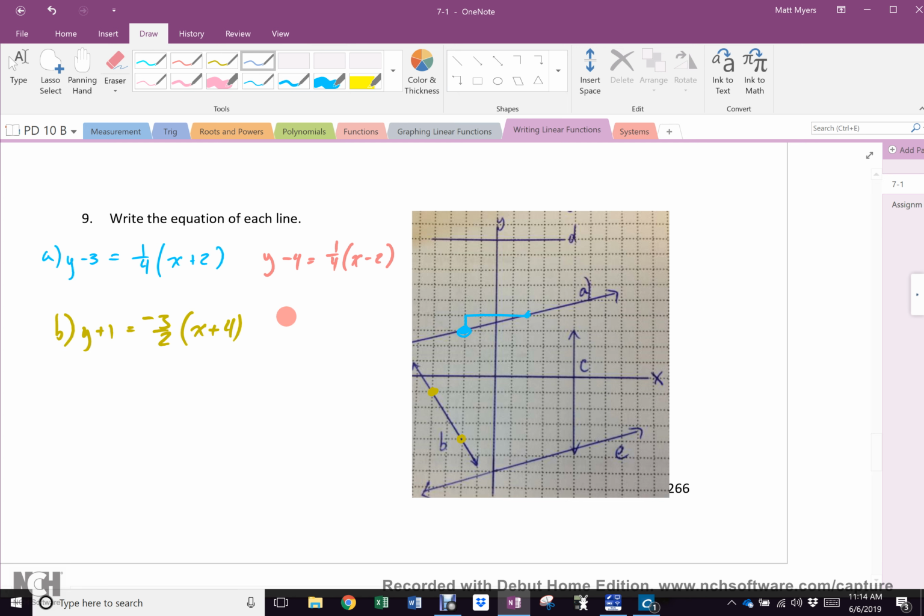Or, if I use that point, y plus 4 equals negative 3/2 x plus 2. Yeah? Okay, what's C? You shouldn't even have to think about it. C, undefined. So what's the equation?